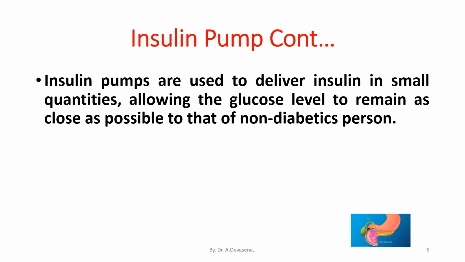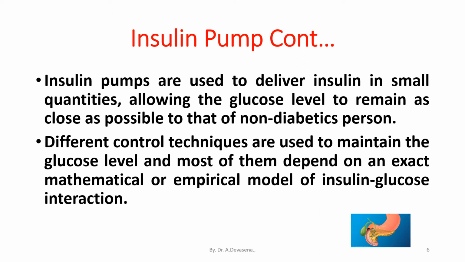Insulin pumps are used to deliver insulin in small quantities, allowing the glucose level to remain as close as possible to that of non-diabetic persons. Different control techniques are used to maintain the glucose level, and most of them depend on an exact mathematical or empirical model of insulin-glucose interaction.